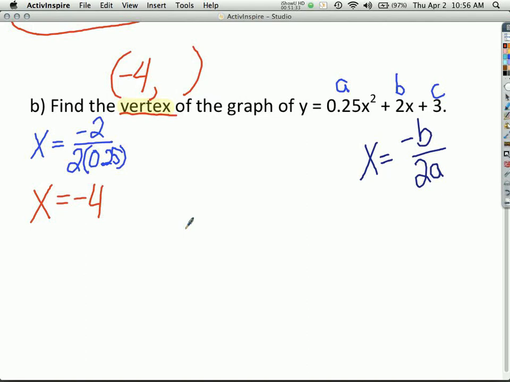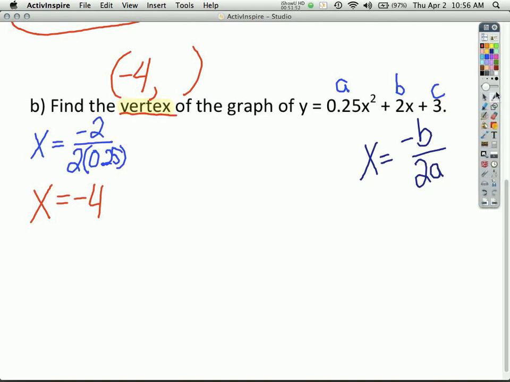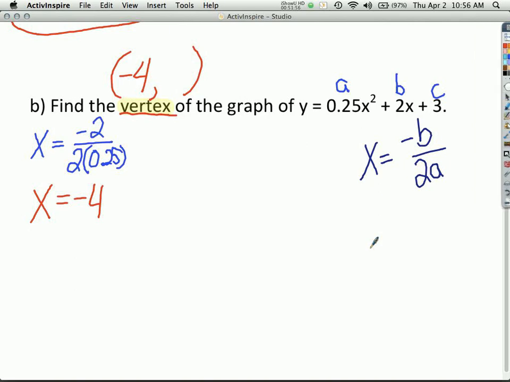How do you find the y? Yeah, plug in the -4 into the function, and you will get the y. It says y equals all of this. Plug in the -4. So, finding the vertex just has one extra step beyond finding the axis of symmetry.